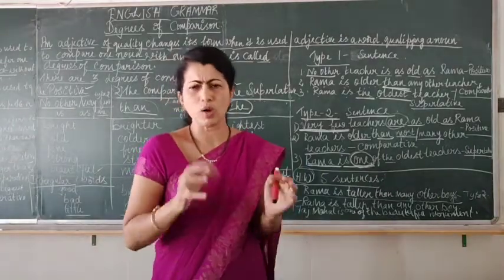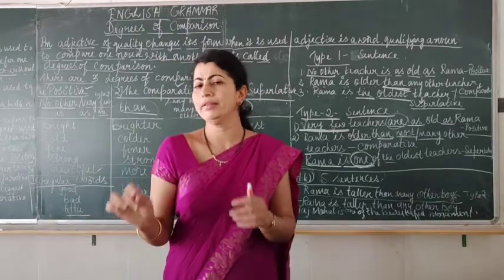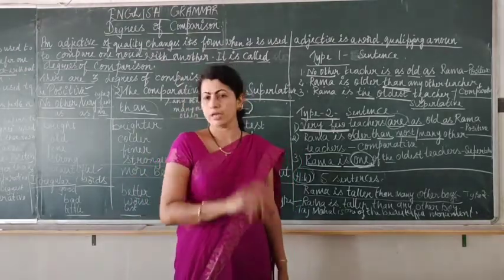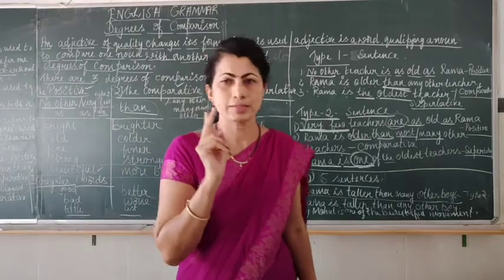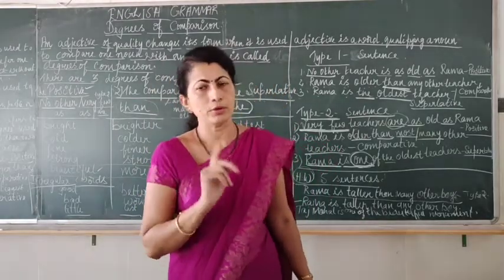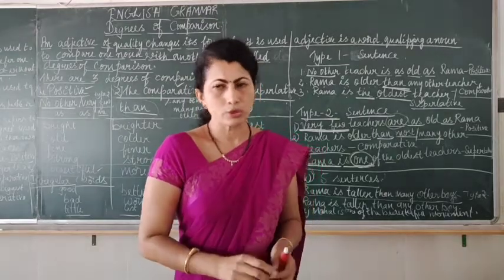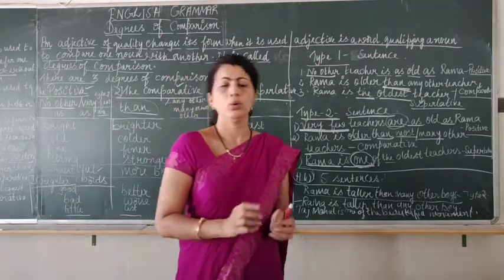One more sentence. Taj Mahal is one of the most beautiful monuments in the world. "One of the": type 1 or type 2? It is type 2. One of the most beautiful, superlative. How are we going to change it? Write this in your notes book as homework.